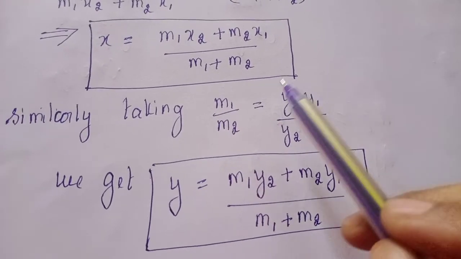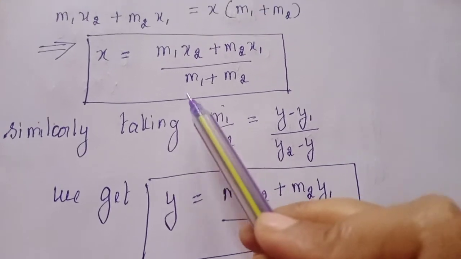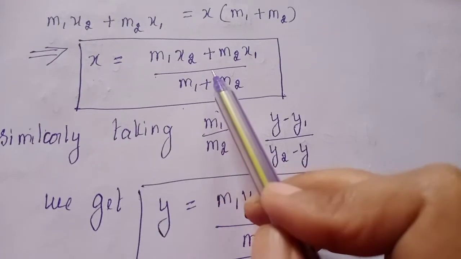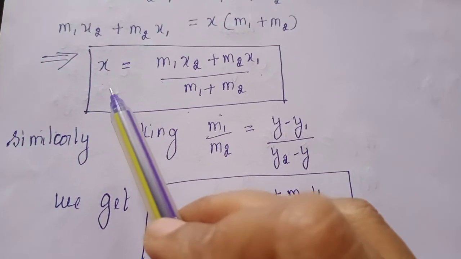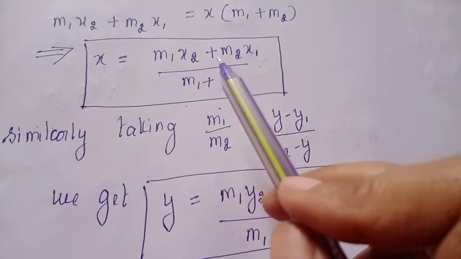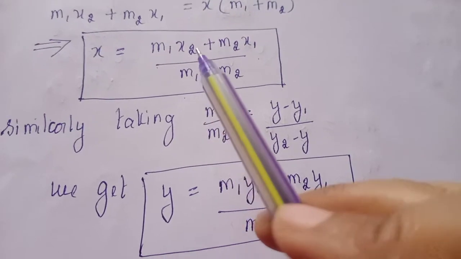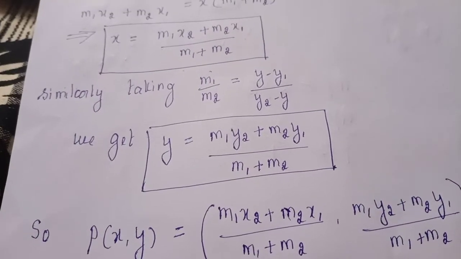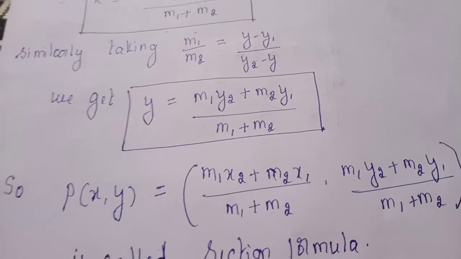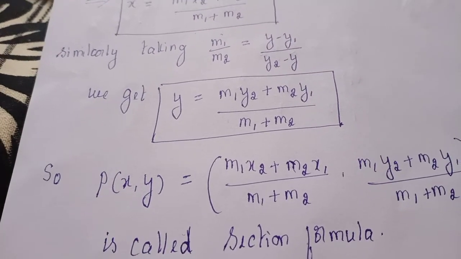In the denominator, in both you have m1 plus m2. Write m1 as it is. If it is x, you make m1 x2 and m2 x1. So x equals m1 x2 plus m2 x1 divided by m1 plus m2, and y equals m1 y2 plus m2 y1 divided by m1 plus m2.